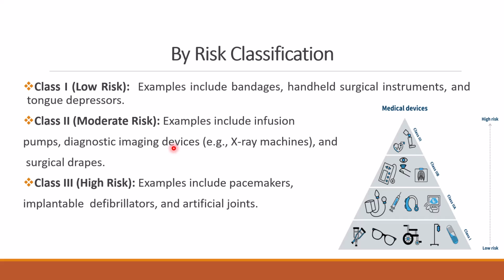But for the high-risk devices, we have the pacemaker. We transplant the pacemaker in the patient's chest, and it's very important to make sure that the heart's electricity is going well. We also have implantable defibrillators and artificial joints.